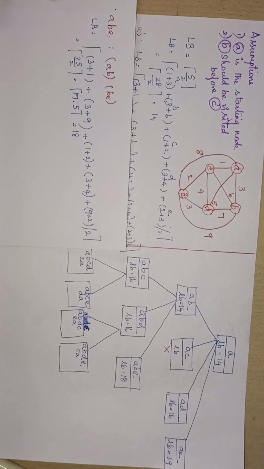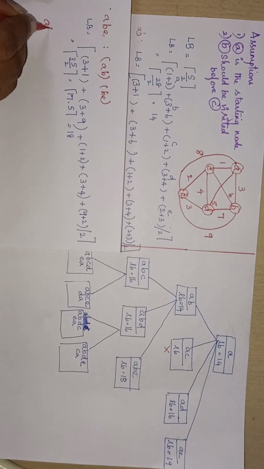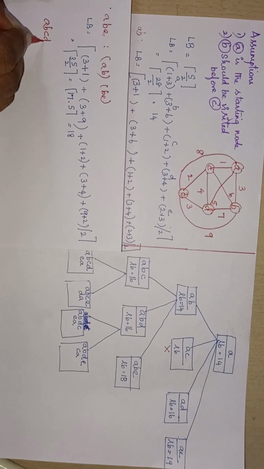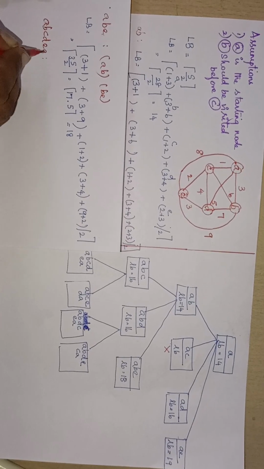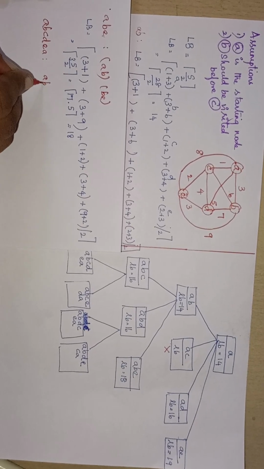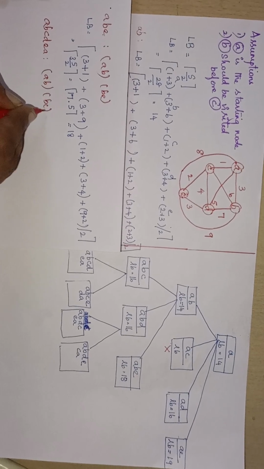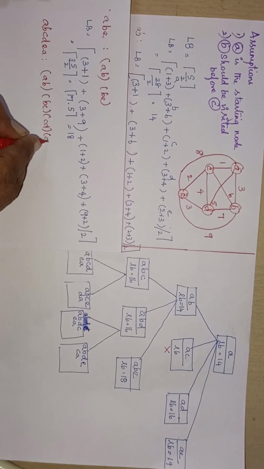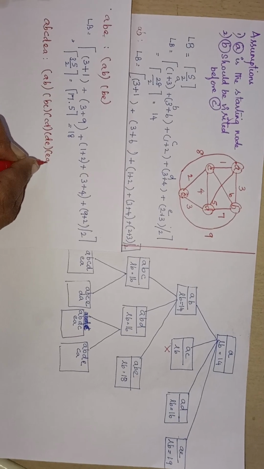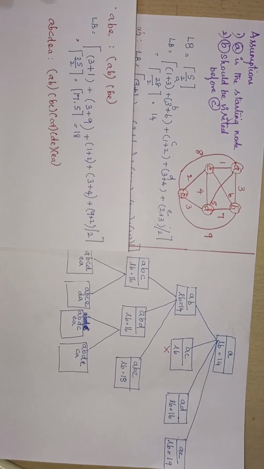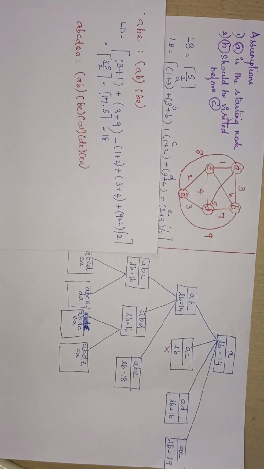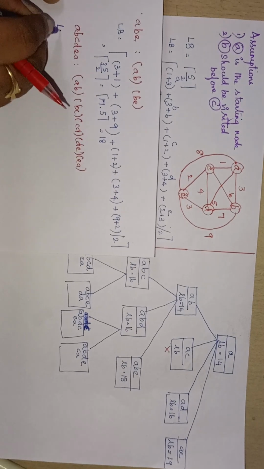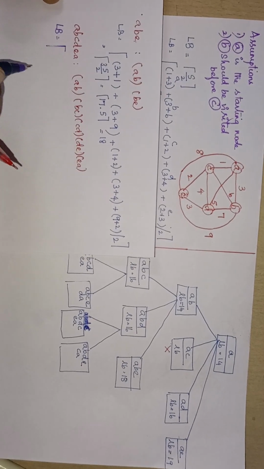So for A, B, C, D, E, A, what are the edges we need to consider? AB, BC, CD, DE and EA should be considered. So the lower bound will be the ceiling of the following.